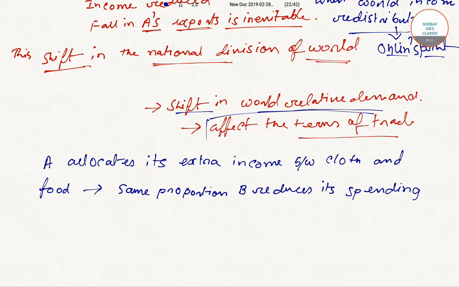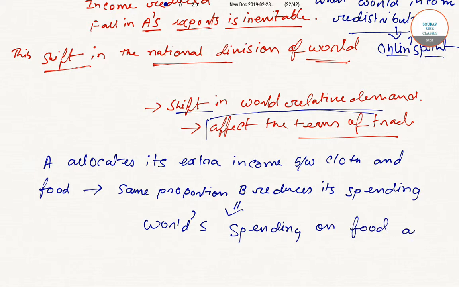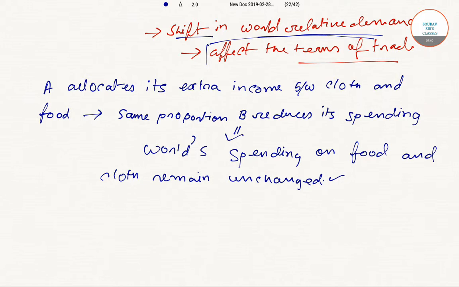Then the world spending on food and clothes remains unchanged. And what happens? The RD curve will not shift.